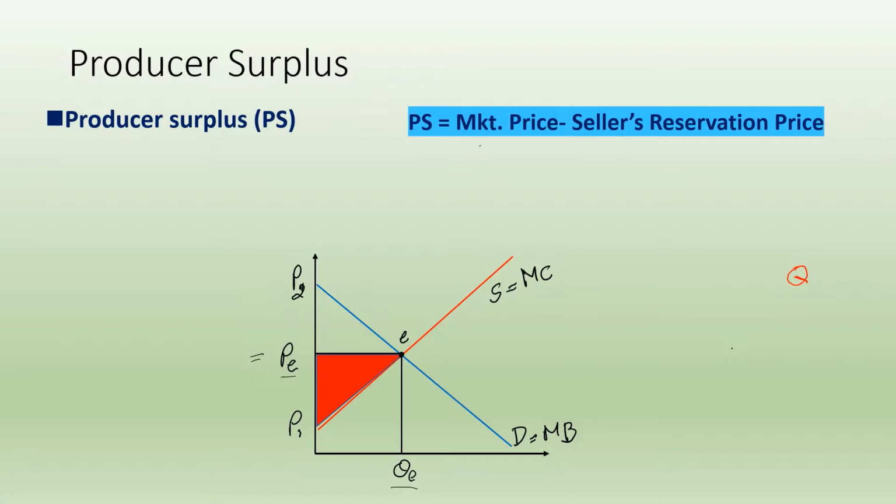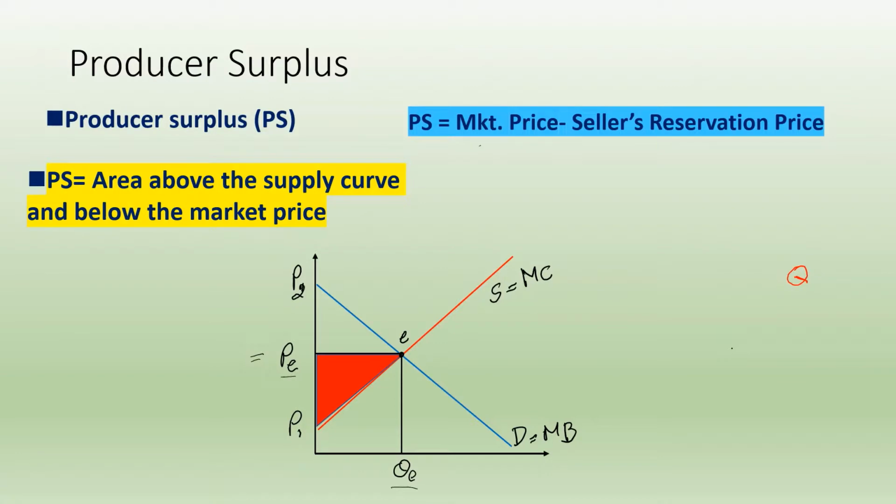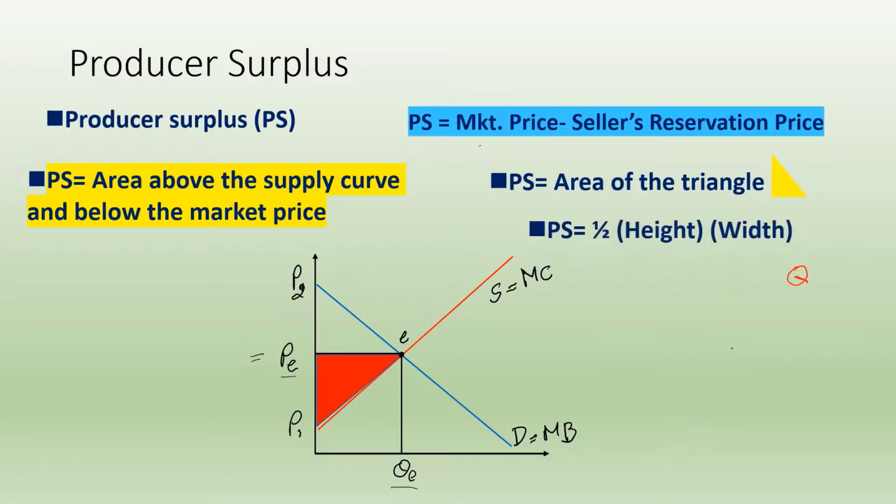Again, you can see that this producer surplus is in the form of a right angle triangle. So mathematically we can determine the producer surplus by considering the area of this right angle triangle, which equals half into the height of this triangle times the width of this triangle. So how can we define it? We can write it like this.